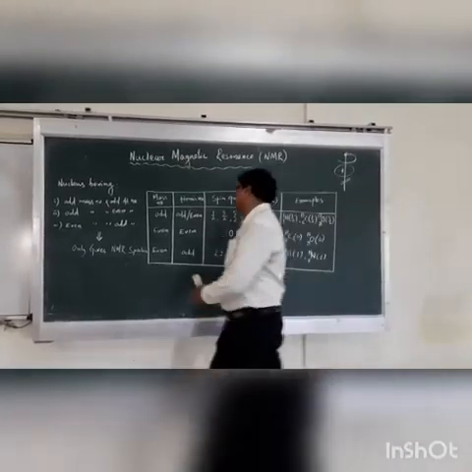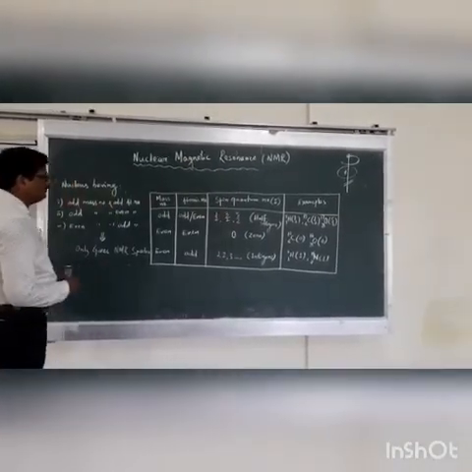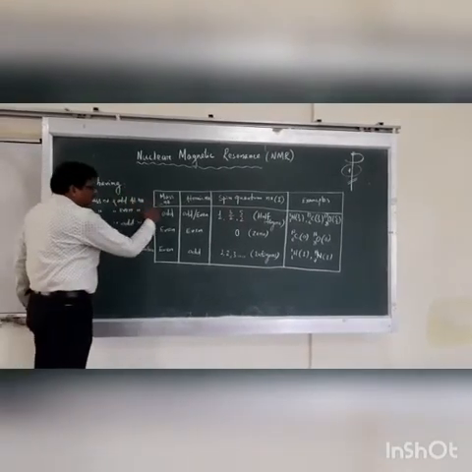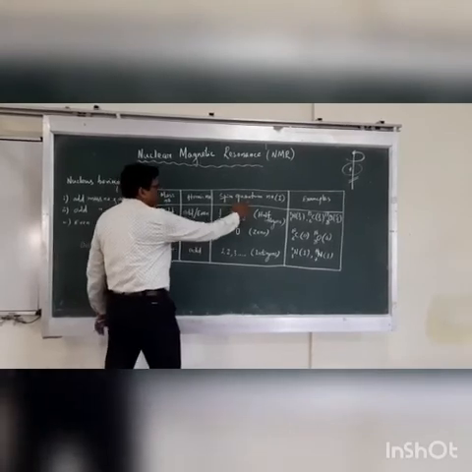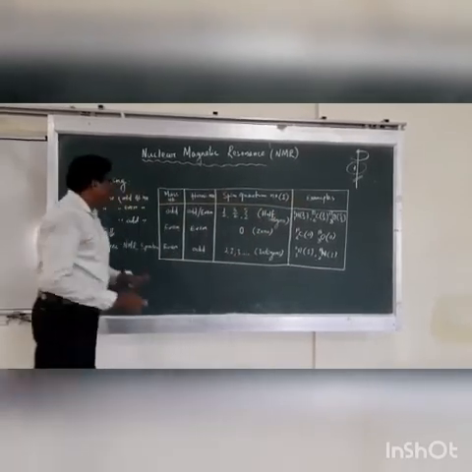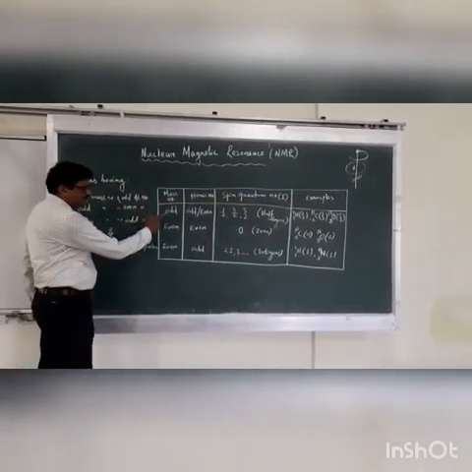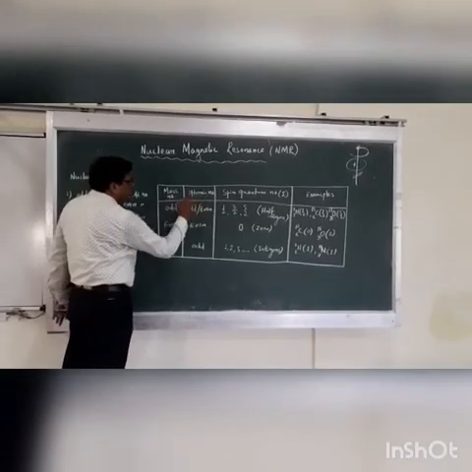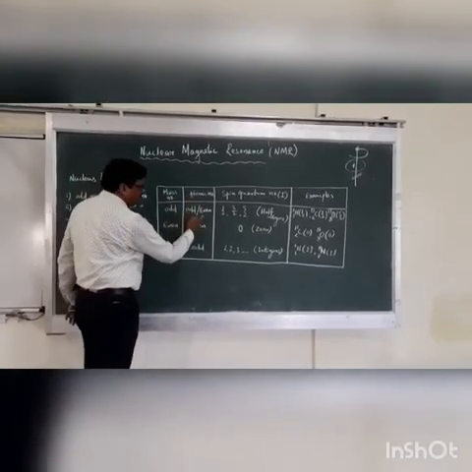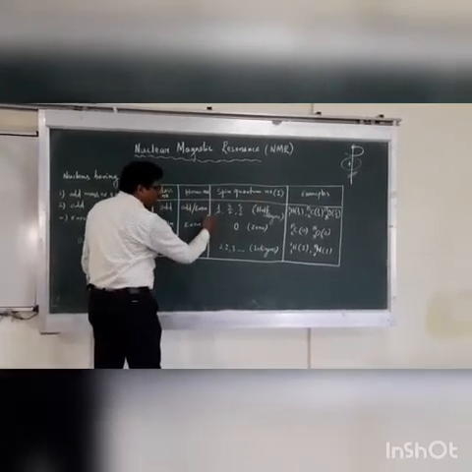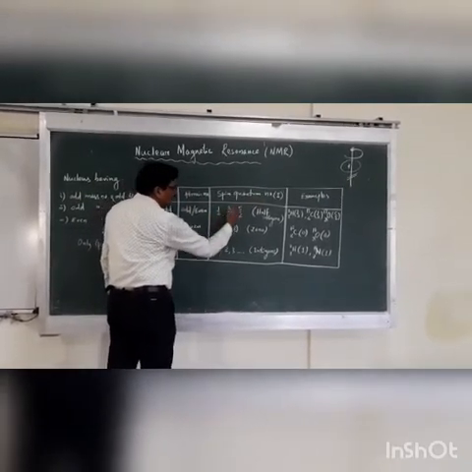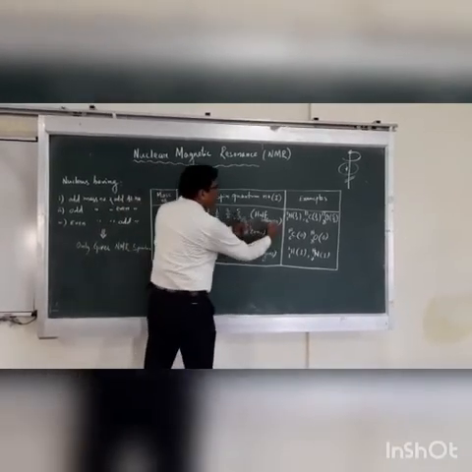How? Let us discuss. This is a table in front of you: mass number, atomic number, spin quantum number of the nucleus, and examples. For example, if the mass number is odd and the atomic number is either odd or even, then the spin quantum number I of the nucleus may be 1/2, 3/2, 5/2. These are nothing but half integers.